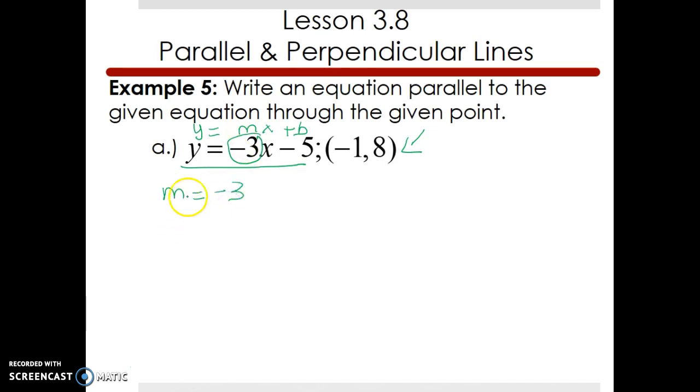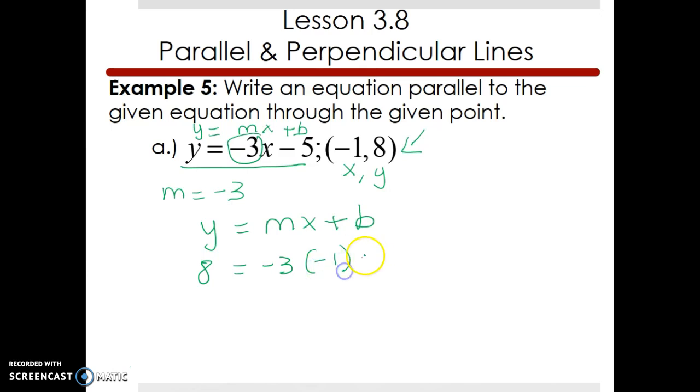-3. And I'm given the point, so this is my x and my y. In my equation, y equals mx plus b, I'm going to plug in whatever I have. So y is 8, m is -3, x is -1. I do not have my b, so I'm going to find my b. So 8 equals 3 plus b. I'm going to subtract my 3, and I get b equals 5.